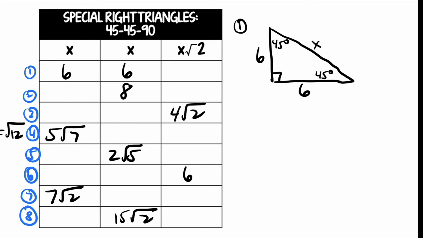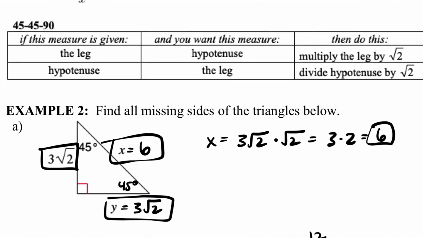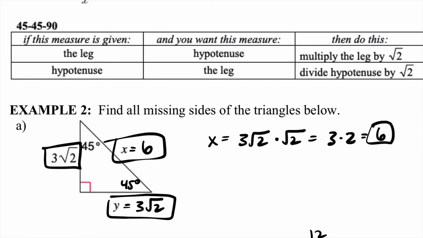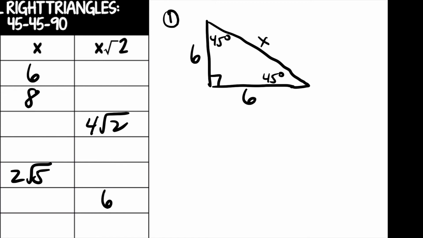Okay, so if I'm missing the hypotenuse, my cheat sheet, my little table here, says if I'm given the leg and I'm missing the hypotenuse, multiply the leg by the square root of 2. Okay, so let's go back. The leg was 6.